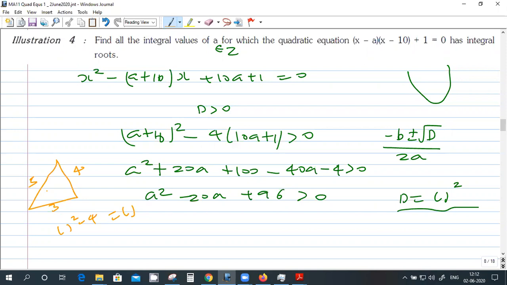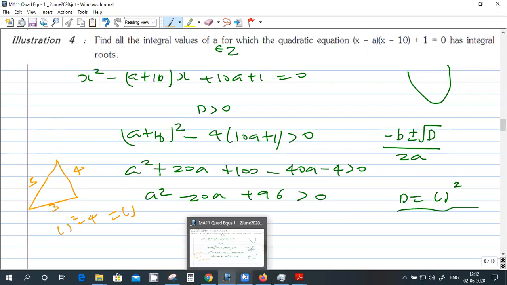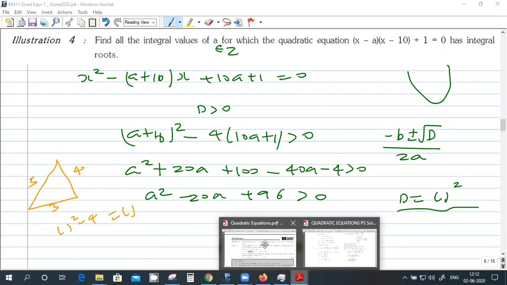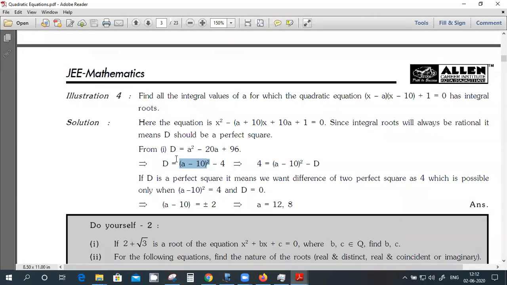So the only possible values, actually, it's not 4. 5 square minus 4 is 9. So when this thing is 25, this thing is actually 2 square.